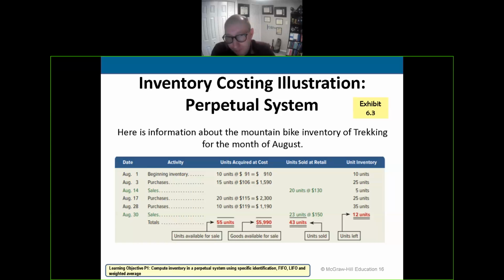So here's an example. We started out our month, August 1st. We had beginning inventory. We had 10 bicycles in our store at a cost of $91 a piece, giving us a total inventory cost of $910 at the beginning of the month.